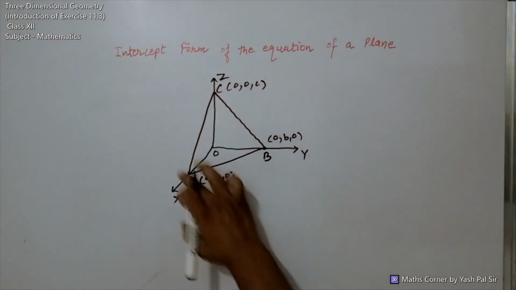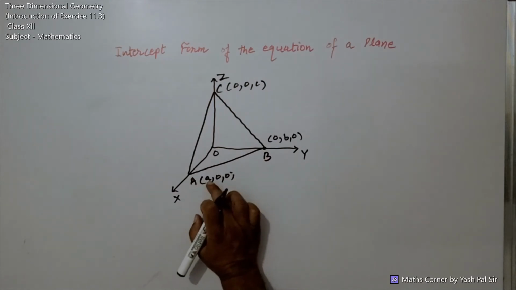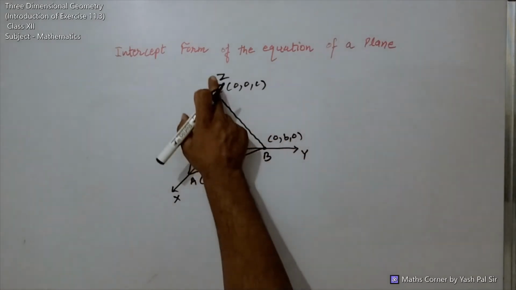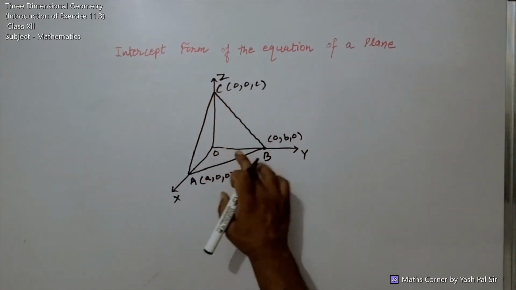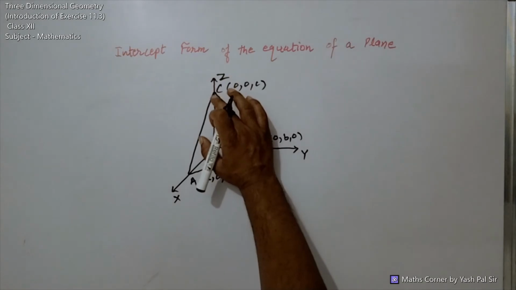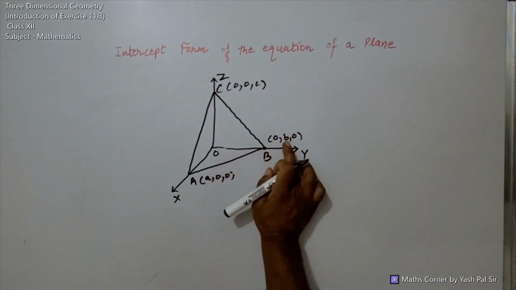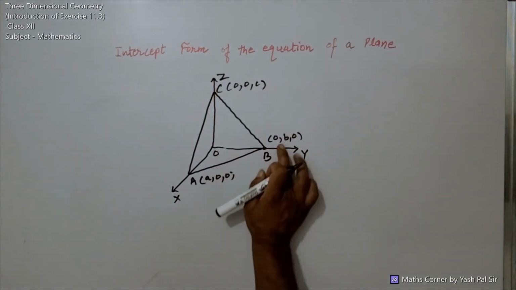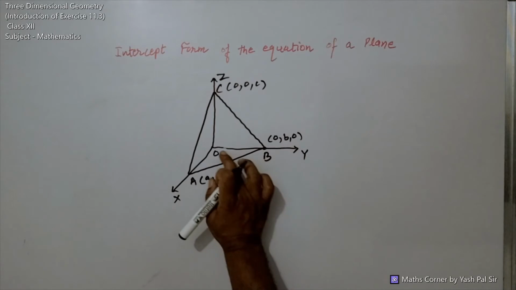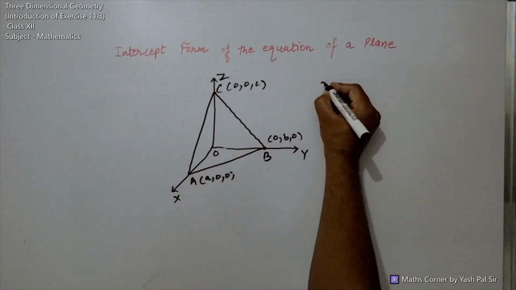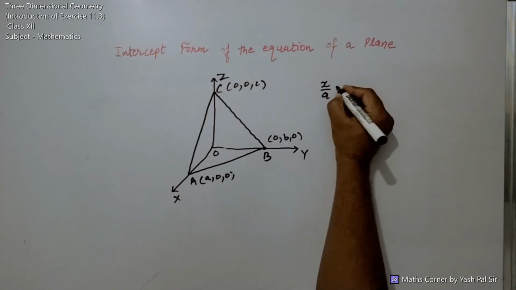Right? Now these are called the intercepts. The x-intercept is a, the y-intercept is b, and the z-intercept is c, which means the plane is touching at a distance of c units in the direction of the z-axis, b units in the direction of the y-axis, and a units in the direction of the x-axis.